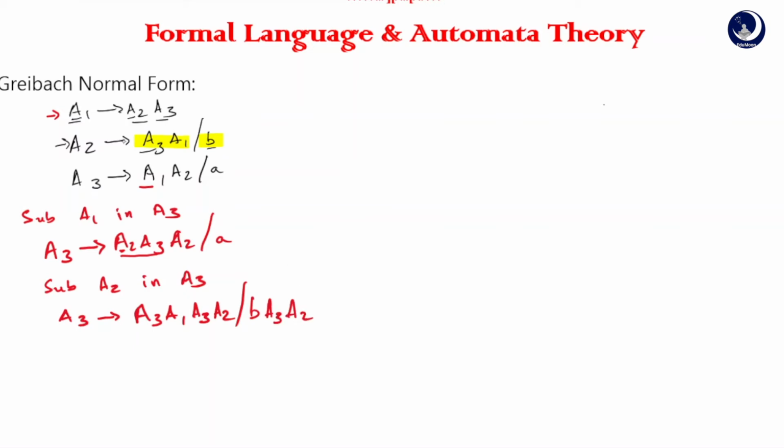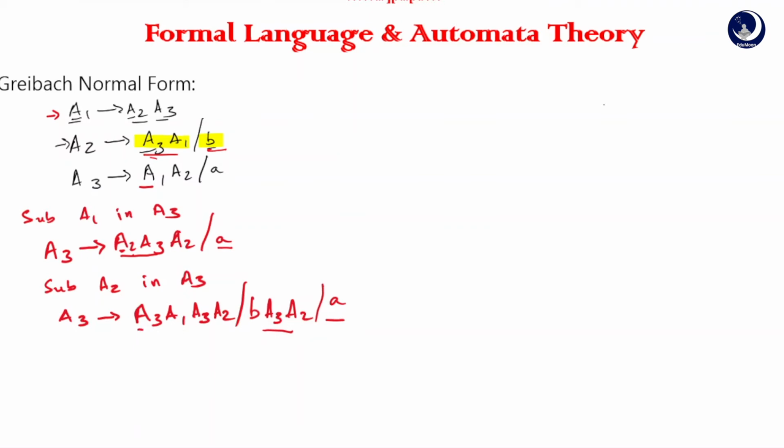We substituted these two rules for A2 here, so we get two, and still this is left out, so we write A here. Now you can see that these two production rules of A3 are actually in GNF because they start with a terminal followed by any number of variables.